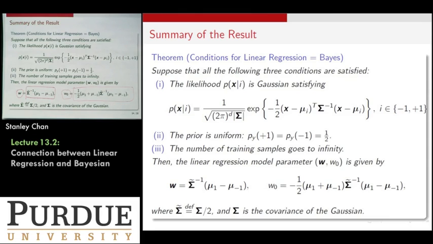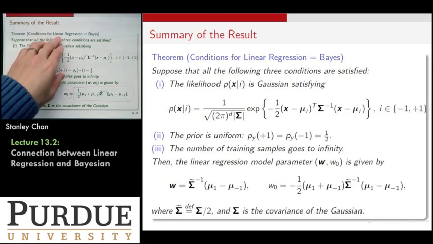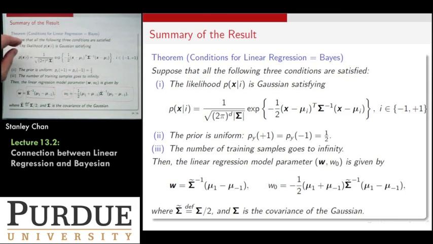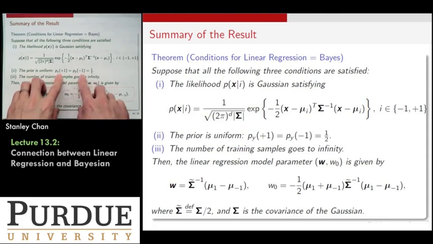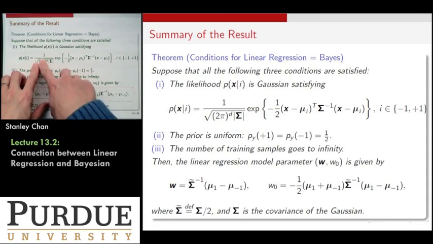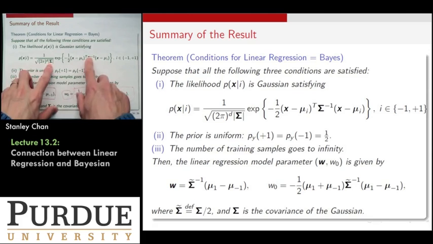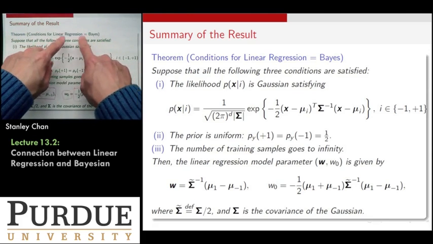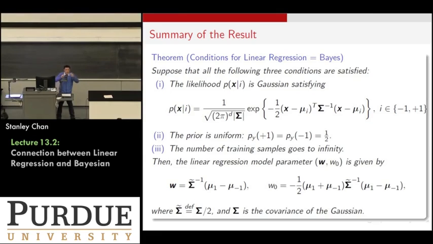Now, is it a good thing? Is it a bad thing? If your underlying model is indeed Gaussian and the conditions are not satisfied, it could happen that the two classes are not 1/2 and 1/2, or that they have two different covariance matrices. Then by solving a linear regression, if your underlying distribution is indeed Gaussian, your linear regression classifier is not good.